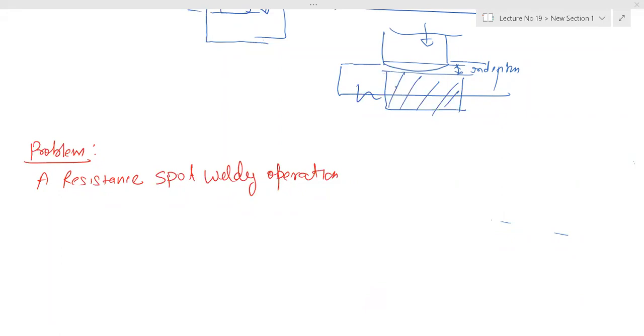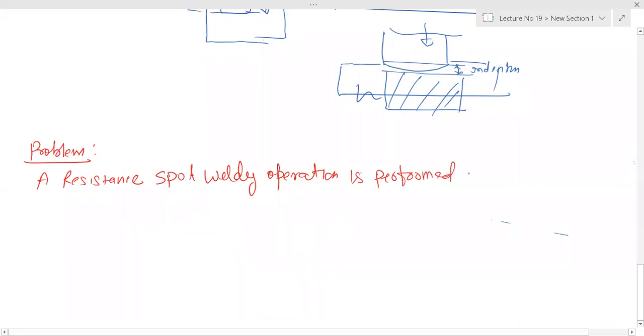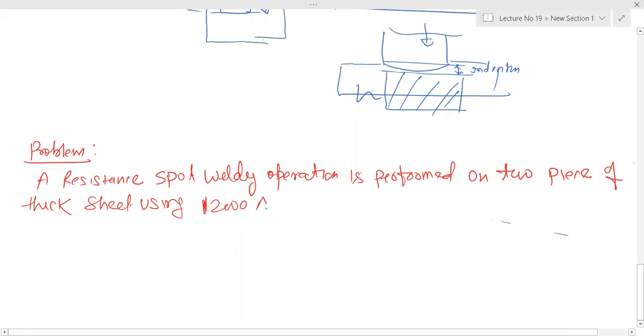A resistance spot welding operation is performed on a two-piece thick sheet using 12,000 ampere for 0.2 second duration.